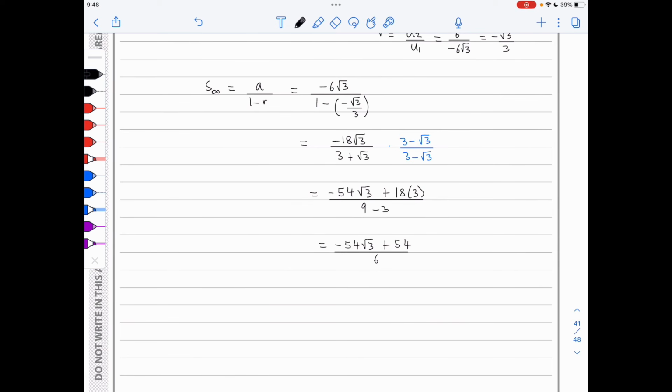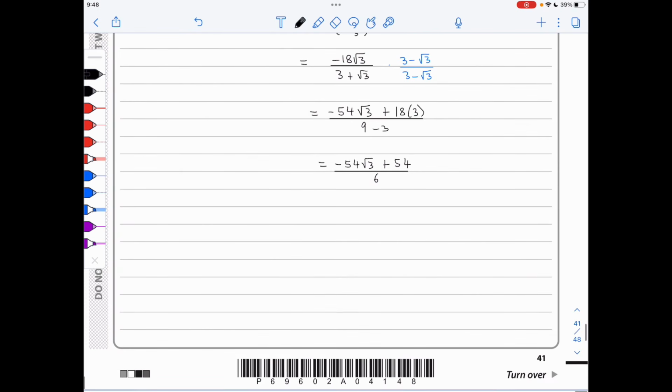I will factor out the 54, so I get 54 brackets 1 minus root 3 over 6. The 54 with the 6 leaves me a 9 in the numerator, so all in all this leads to the sum to infinity being 9 times 1 minus root 3, and therefore the constant k is 9.